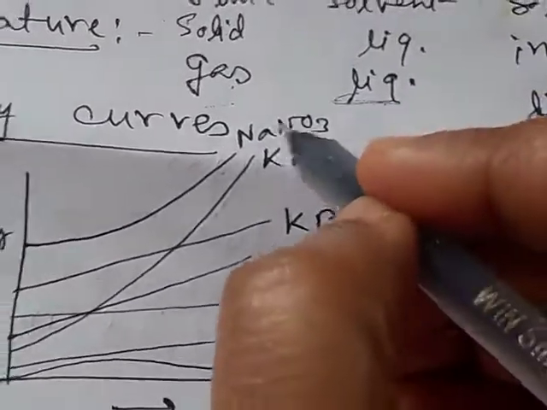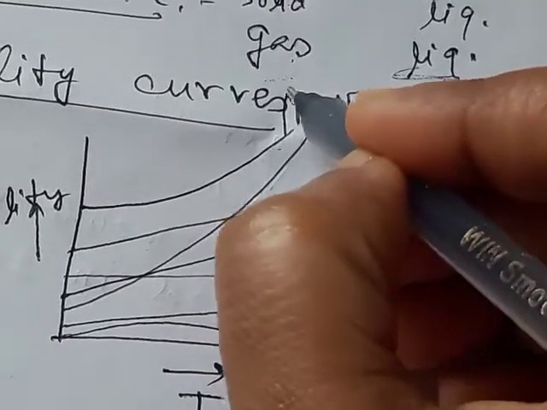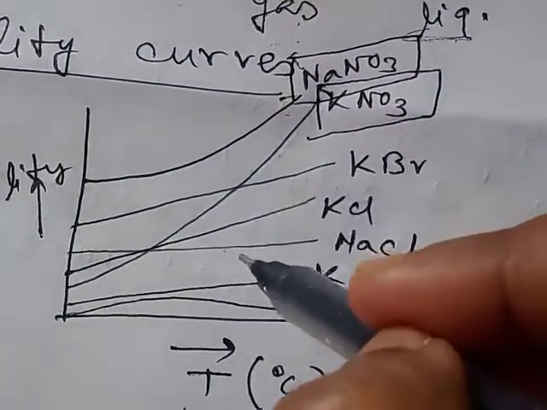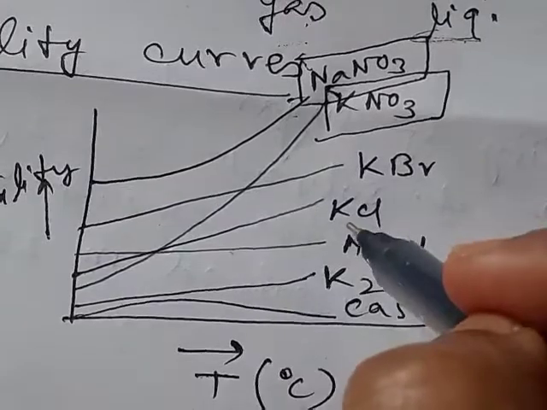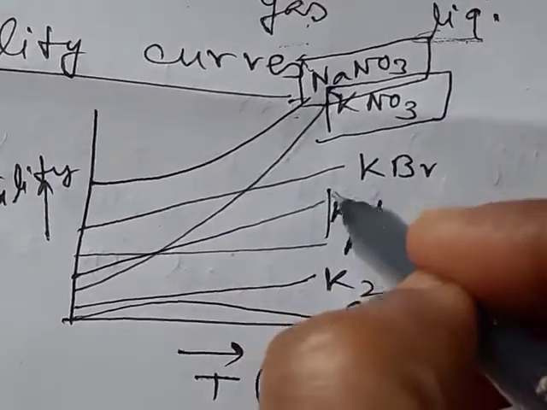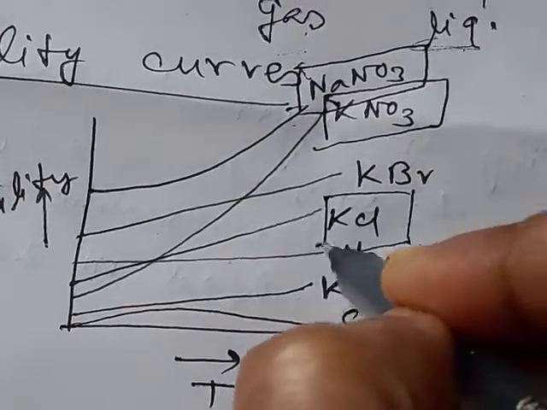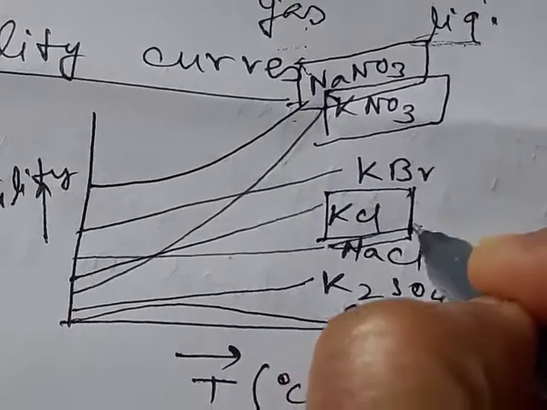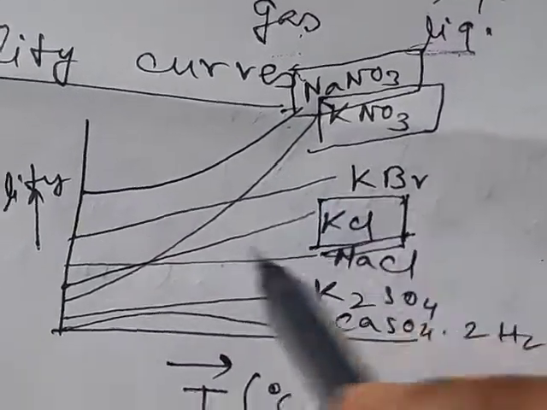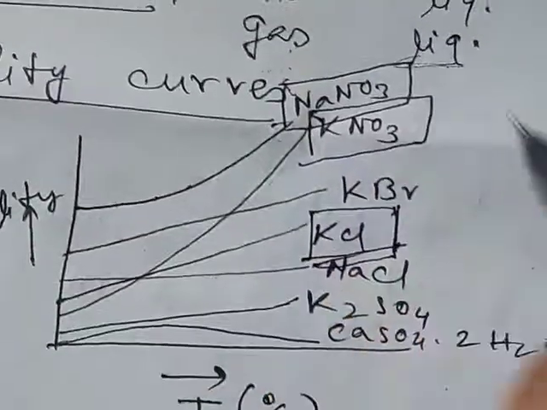Salts like sodium nitrate, potassium nitrate and potassium chloride have steeper curves. That means their change of solubility with temperature is very high.